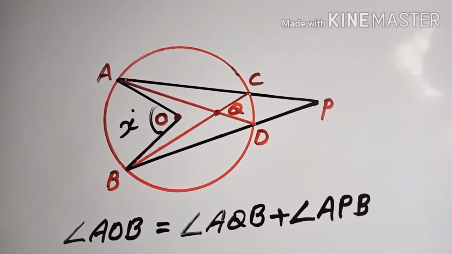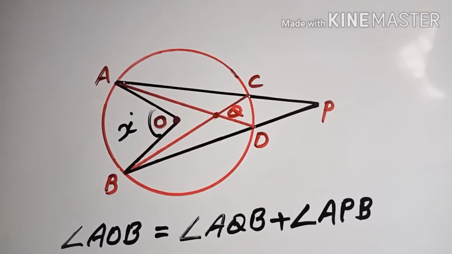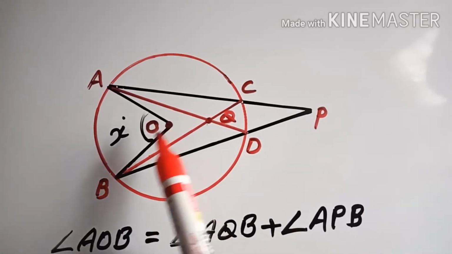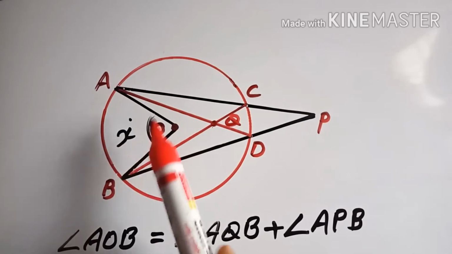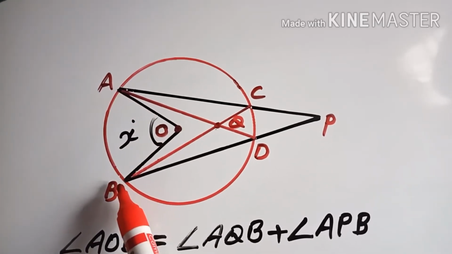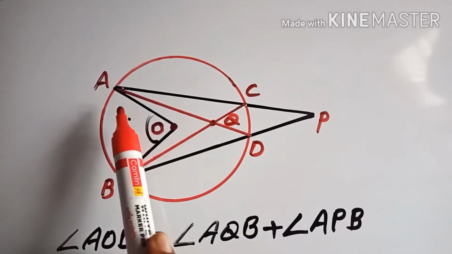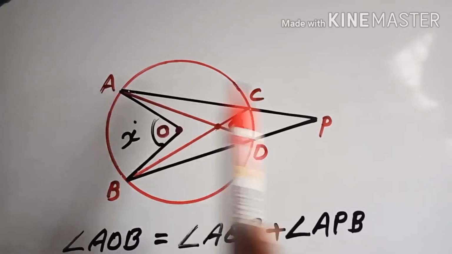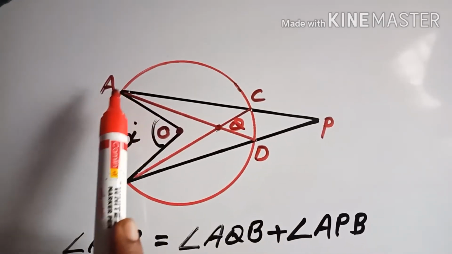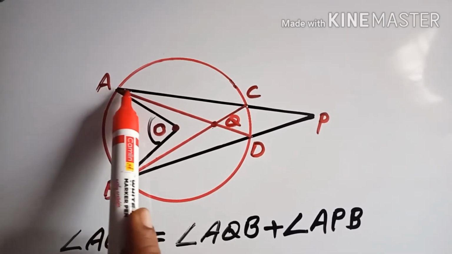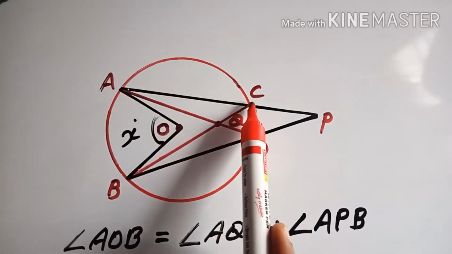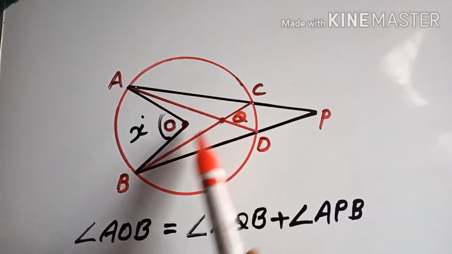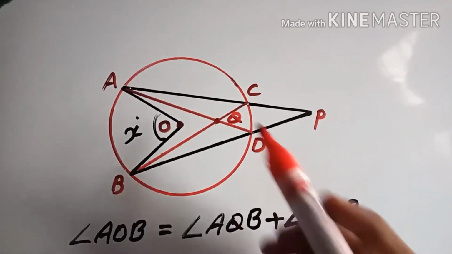Now which angles will be equal? Check the figure properly. Central angle O is x degree. Then start from A and end at B. Which are the angles starting from A and ending at point B? That means the upper angles, the angles in the alternate arc. So let's see. A starting, then C, then from there B. So angle ACB will be what?